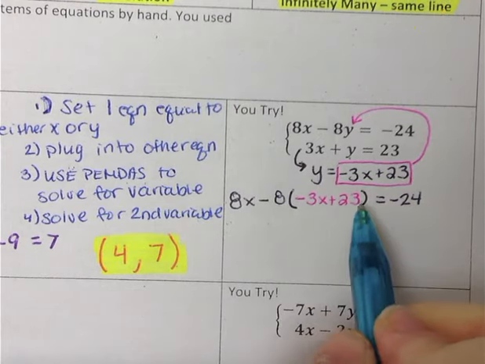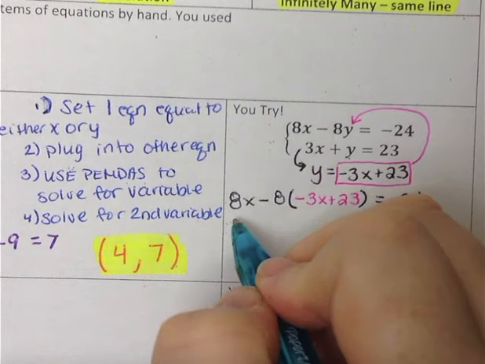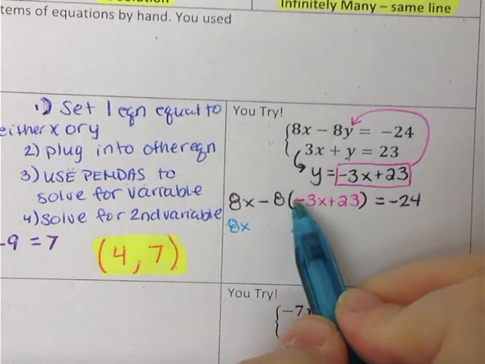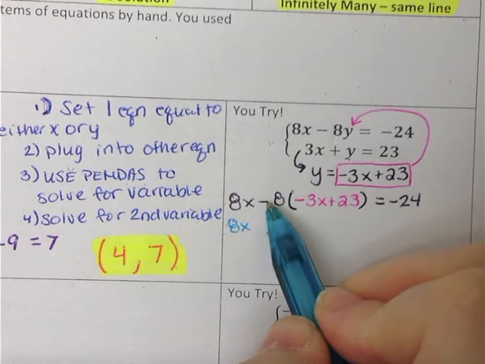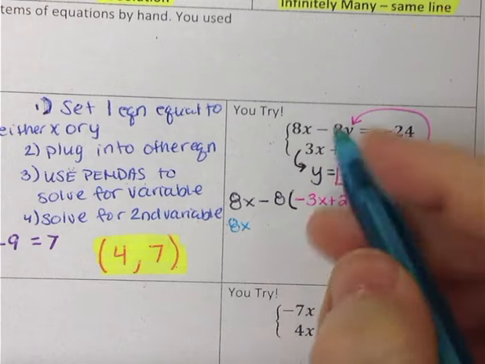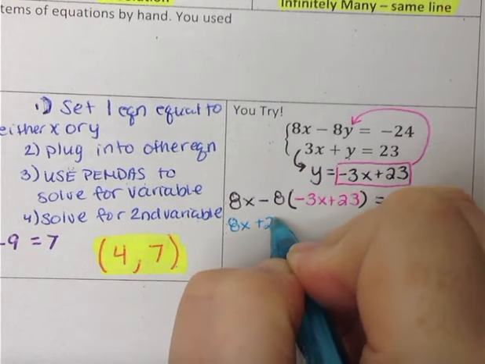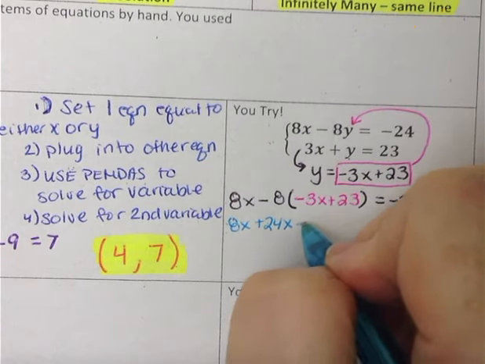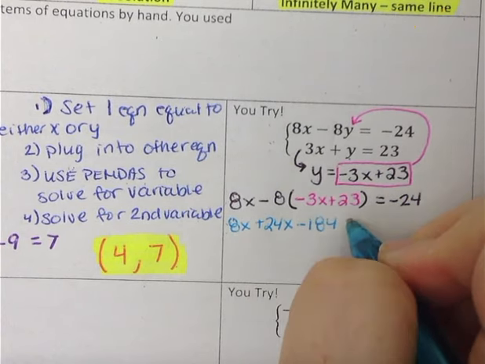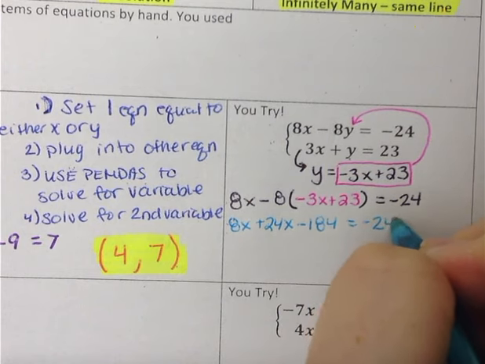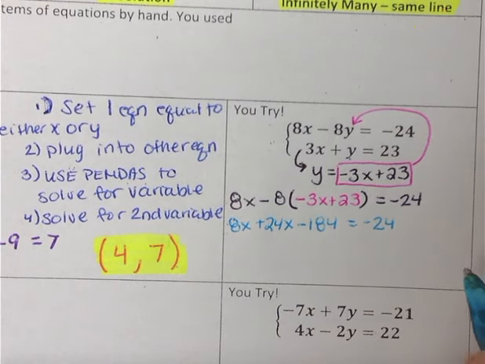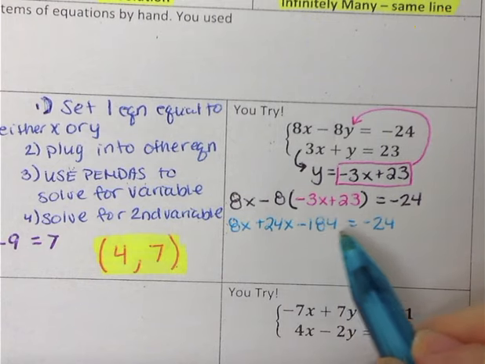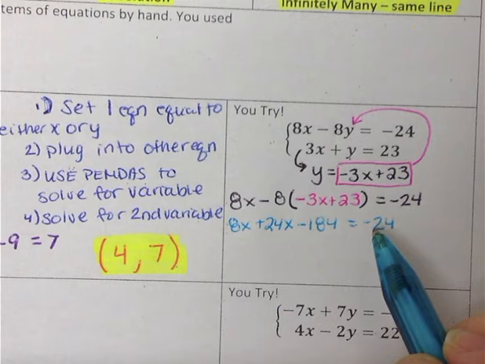So let me simplify the left-hand side. We will have the 8x, but then this negative 8 must be distributed to everything inside the parentheses. Negative 8 times negative 3x is a positive 24x, and negative 8 times a positive 23 is a negative 184. And this will be equal to negative 24. I'm going to combine my like terms and also go ahead and add the 184 to the other side to get it away from the x's.